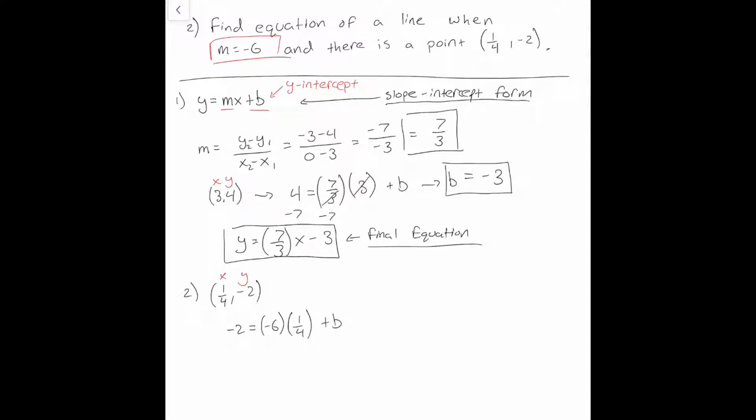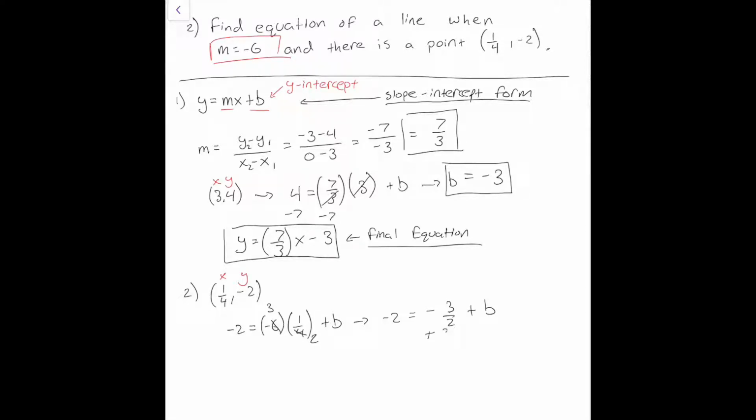So simplifying this, minus 6 times 1/4, we can factor a 2 into the 6, which gives us 3, and a 2 into the 4, which gives us 2. And this will yield minus 2 is equal to minus 3/2 plus b.